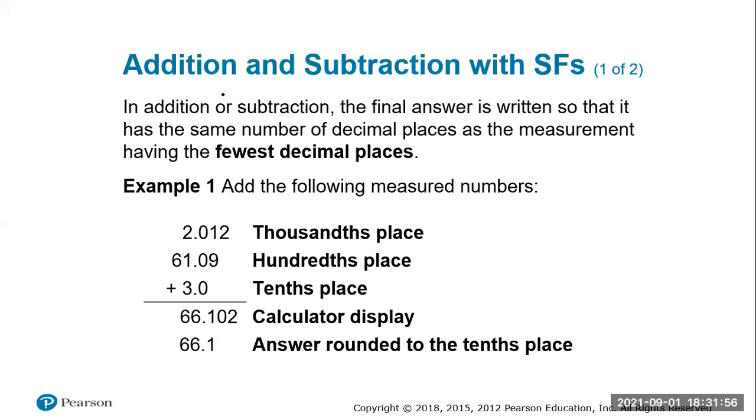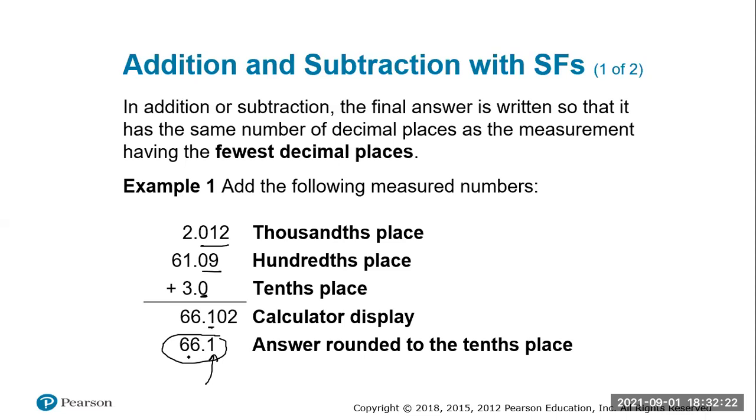By the way, you should include the units as well. We talked about adding as well. So again, here we're adding. Sometimes people get a little confused. We're not looking at significant figures here, but simply at decimal places. As we mentioned before, this number would have 3, this one has 2 decimal places, and this one has 1. So we would want to round it off to 1 decimal place.